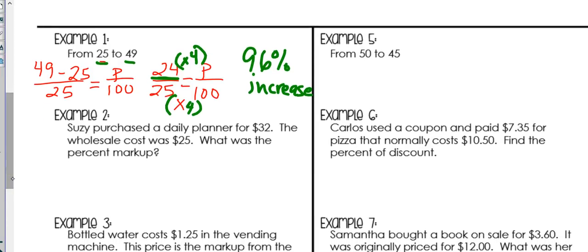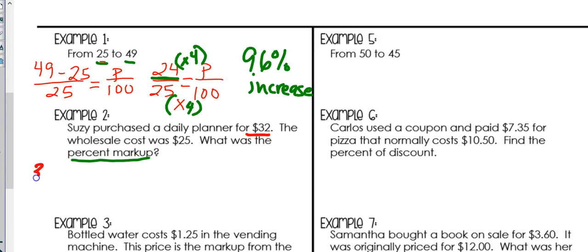This time we have a daily planner for $32 that Susie purchased, and the wholesale cost is $25, with percent markup. The percent markup is pretty much the percent change: the percent the price has changed from the original. So we do this just like the other one. We take the new price, which is 32, what she paid.